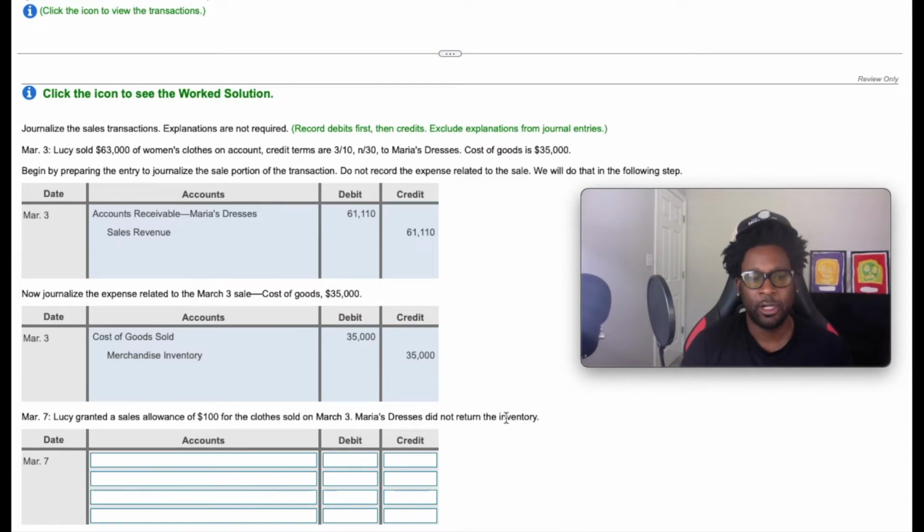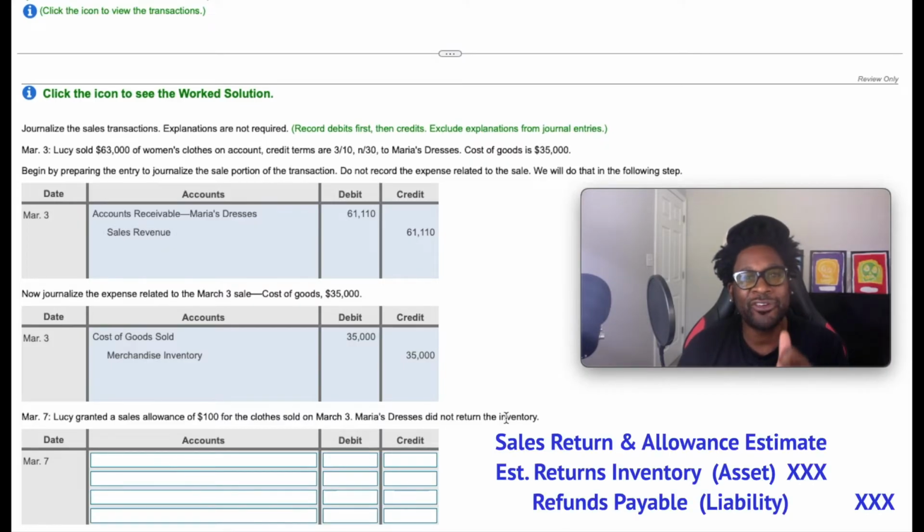Now on March 7th, it tells us that Lucy granted a sales allowance of $100 for the clothes sold on March 3rd. Okay, gang, so we have given our customer a $100 allowance for the inventory. But we know that in the previous period we had already recognized the estimate for returns and allowances. We have created an actual liability called refunds payable. That liability represents the amount that we owe for a particular return or allowance.